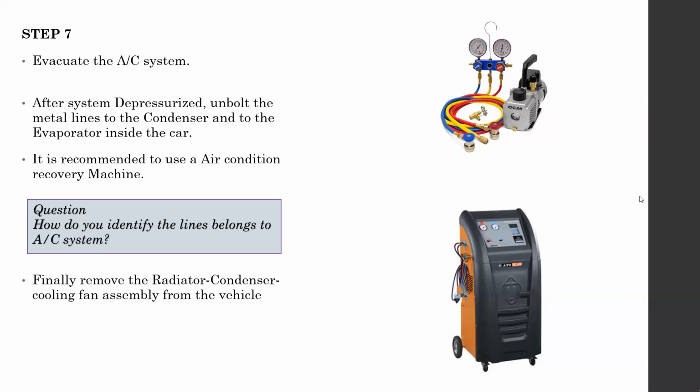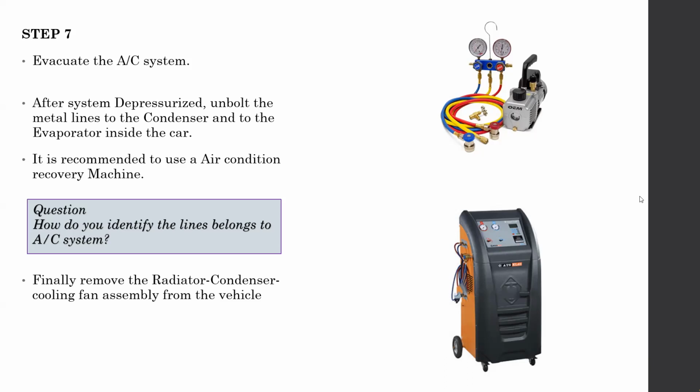One is going from the evaporator to the compressor, and the other one is coming from the evaporator up to the condenser. These are very thick lines with something like a cushion outside. These are usually made of aluminium, so they are very easy to identify.